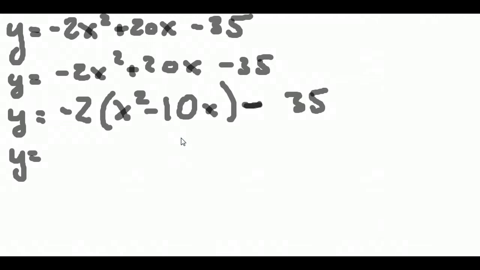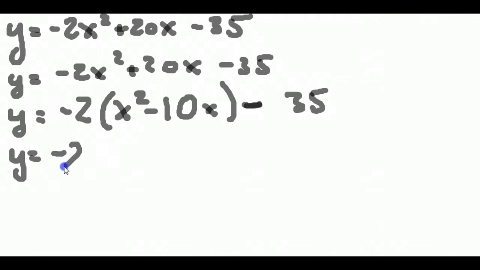The b term was 20 and now it's 10, because we took out a 2. So it's negative 2 open, x squared minus 10x closed minus 35. So would it be 100? So now you take the half of the 10 to complete the square. Oh, okay, so it'd be 25.